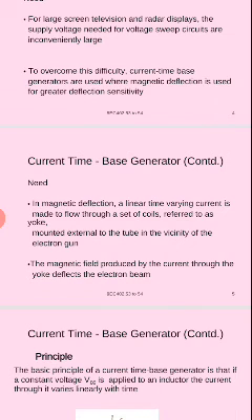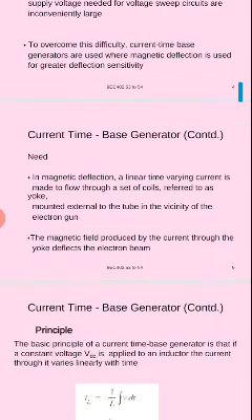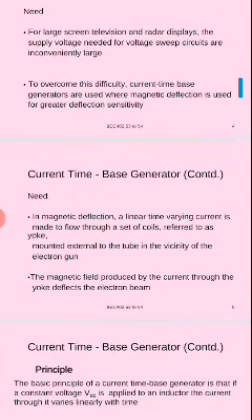The magnetic field produced by the current through the yoke deflects the electron beam. Mostly, the current time base generator is required in TV.